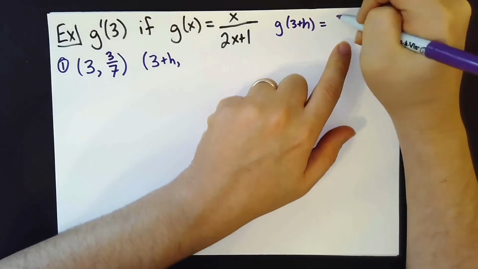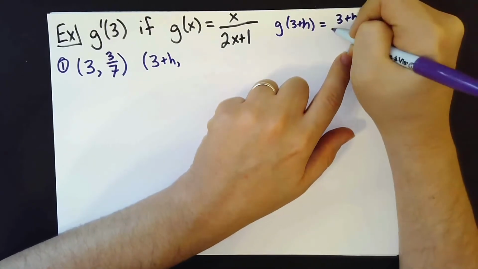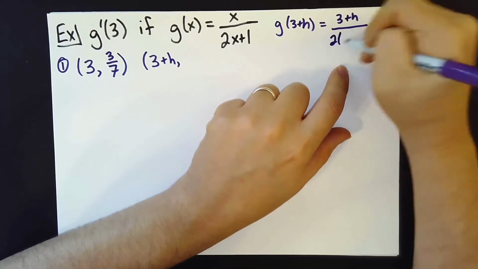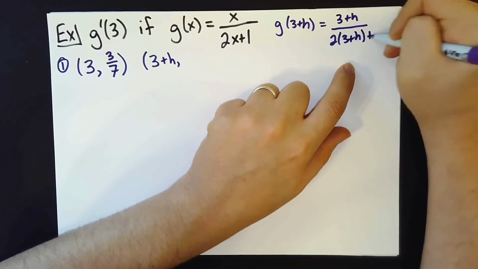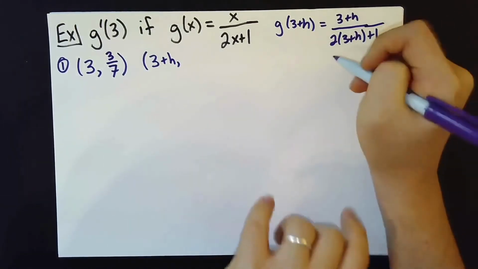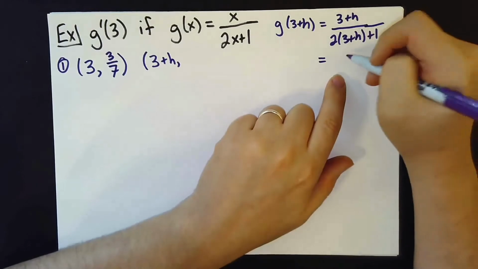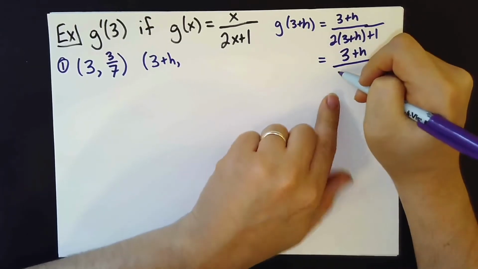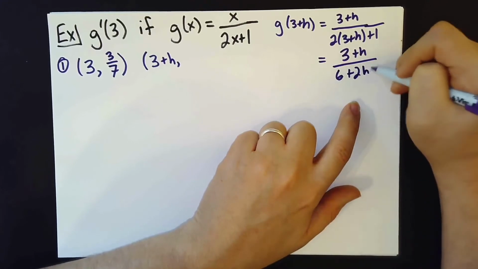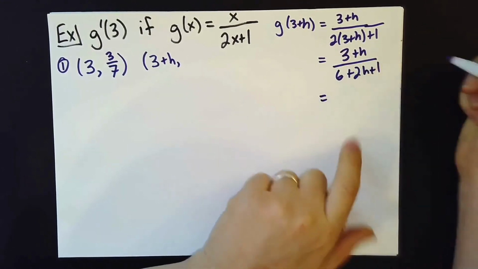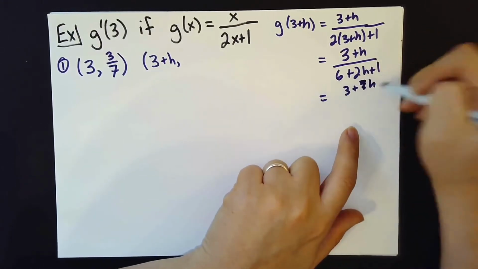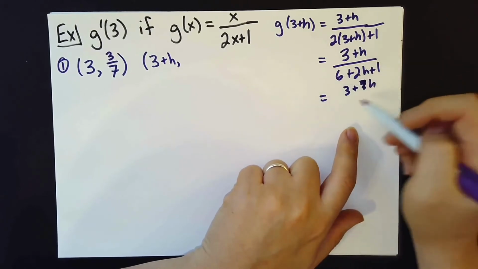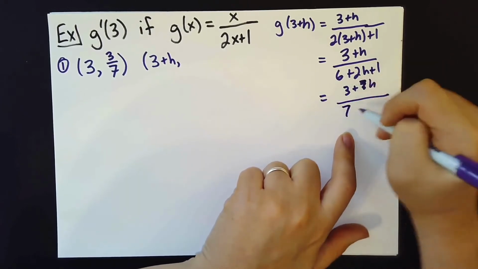That's going to be 3 plus h divided by 2 times 3 plus h plus 1, which is going to be 3 plus h divided by 6 plus 2h plus 1, which is going to be 3 plus h divided by 7 plus 2h.